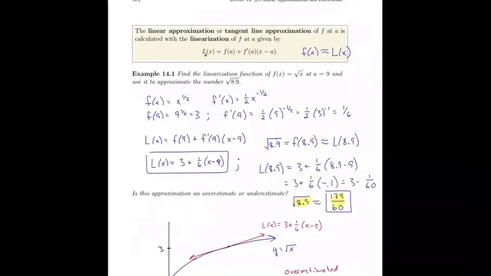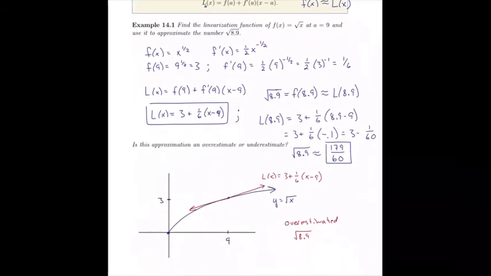Now that's an easier process than trying to do some kind of iterative root calculation, if you ever learned how to do that by hand. We're able to come out with a reasonably accurate approximation simply by using this linearization, knowing the derivative. And in fact, a method somewhat similar to this, iterative approximations via Newton's method, is how square roots are actually calculated by a calculator when you get a decimal approximation.